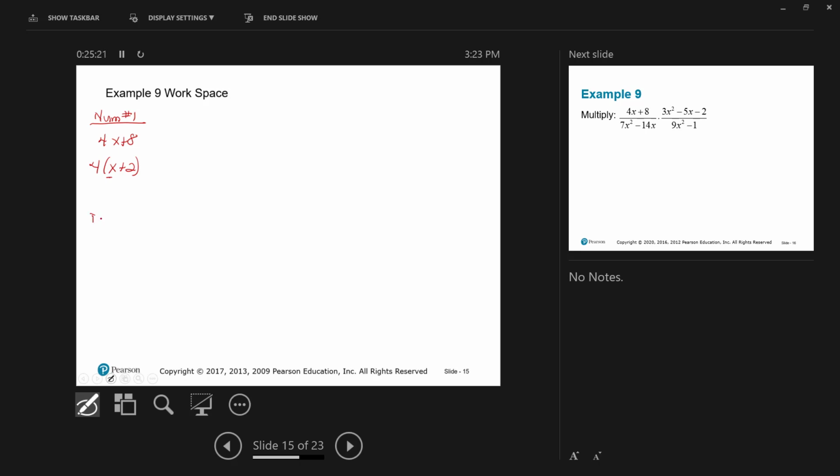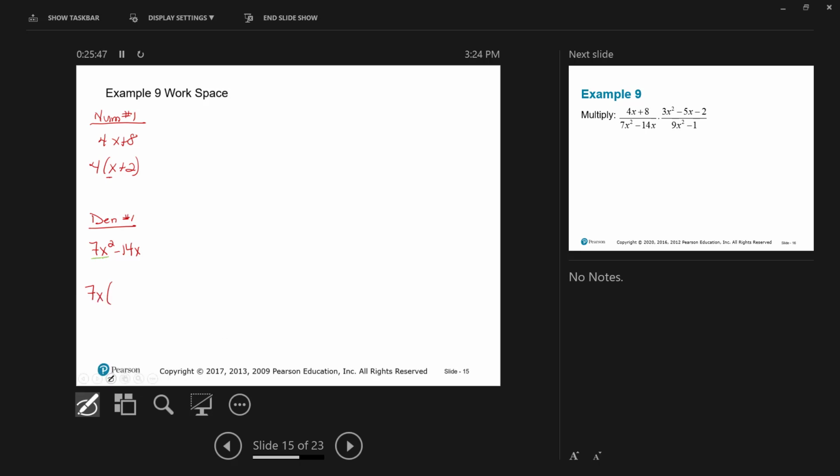And now look at denominator number 1, which was 7x squared minus 14x. And our question is the same. Do they have anything in common that we can divide both of them by? Yes, they both have a 7 and they both have an x. And by the way, for those of you who are visual people, please make sure that you do this step.